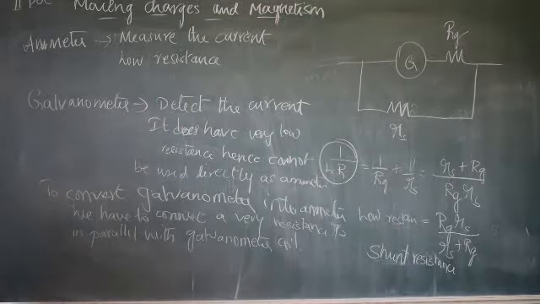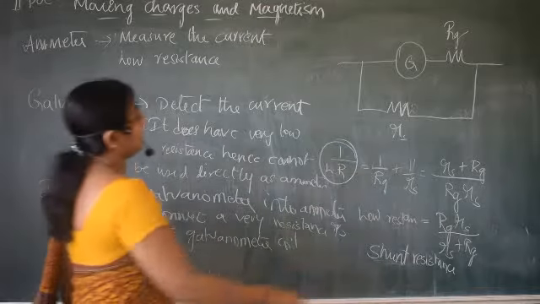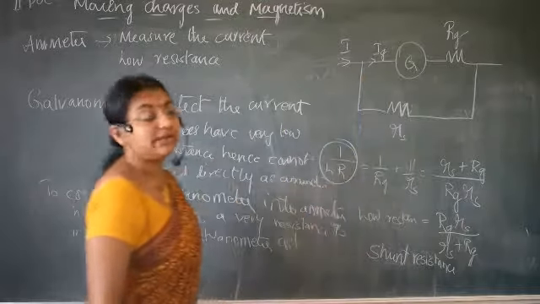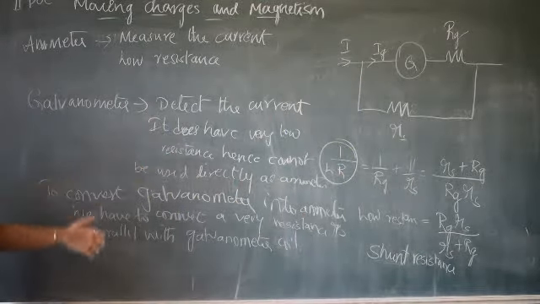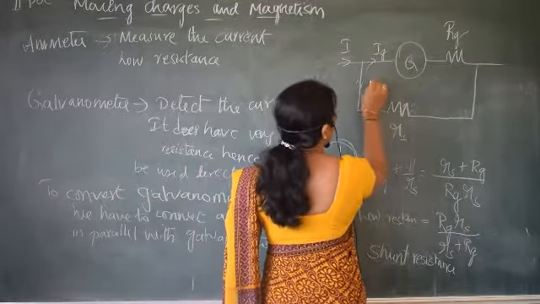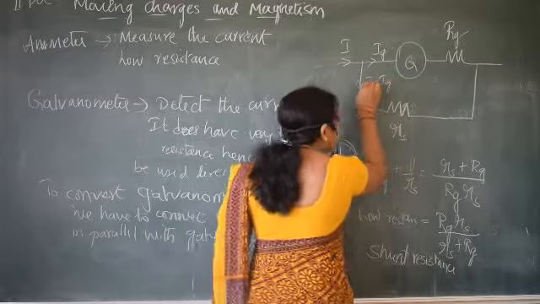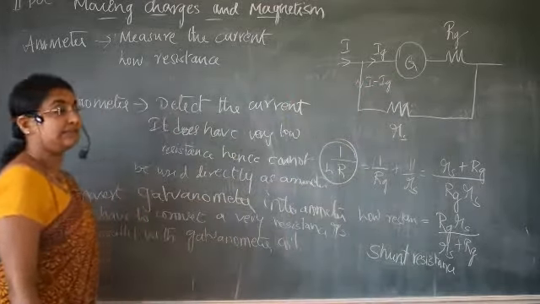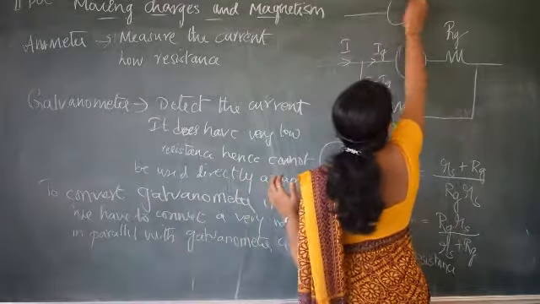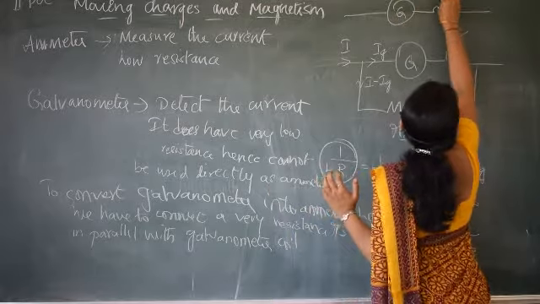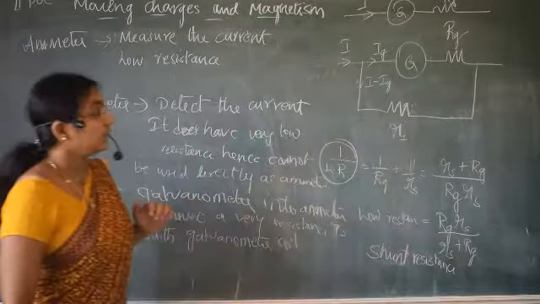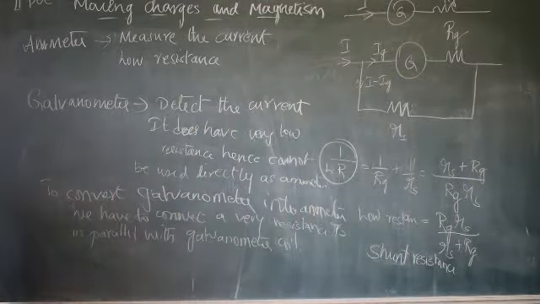See here, this will be the main current, I. It will be divided: Ig, the galvanometer current, and one more current. Let me mark it. Main current comes, it will be divided here. So can I write I minus Ig comes in this direction? Originally, it was only a galvanometer with its own internal resistance, and the current you are passing is directly for that.